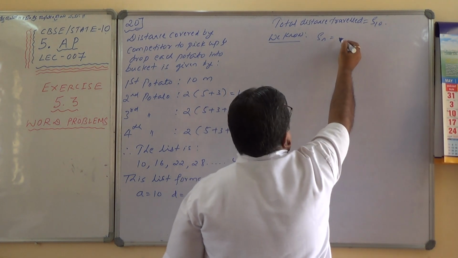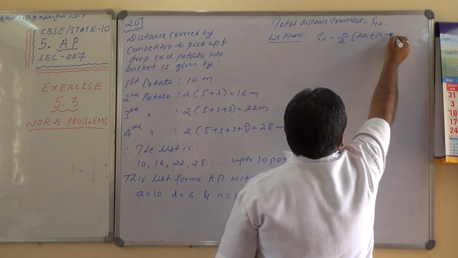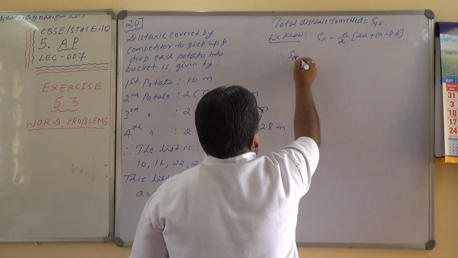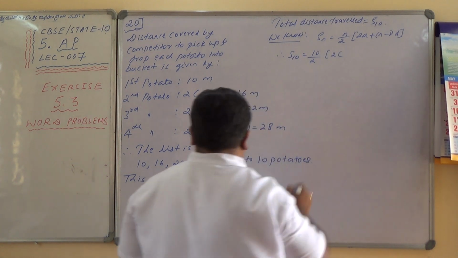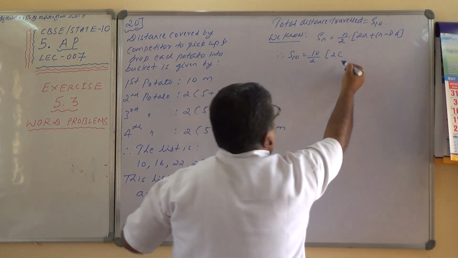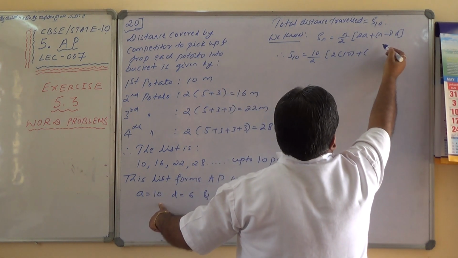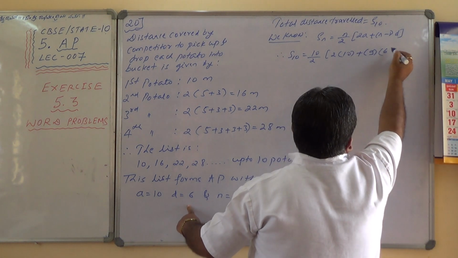We know Sn equals n by 2 into bracket 2a plus n minus 1 into d, correct? Therefore S10 equals 10 by 2 into bracket 2 times a, which is 10, plus n minus 1, which is 10 minus 1, 9, into d, the common difference, which is 6.